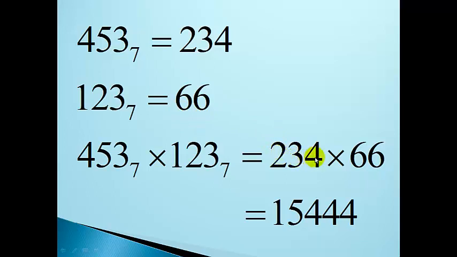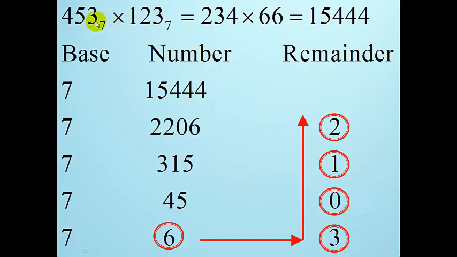So 234 times 66 is equal to 15444. Now, after converting to base 10, we multiply 234 by 66, and the answer is 15444.